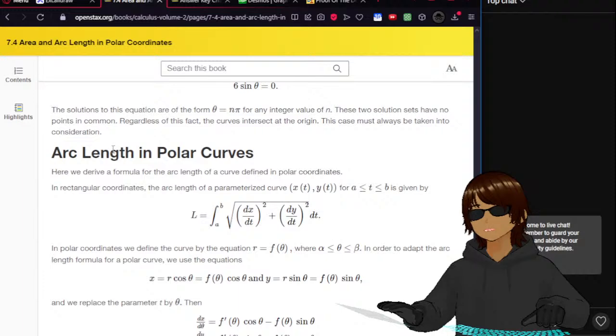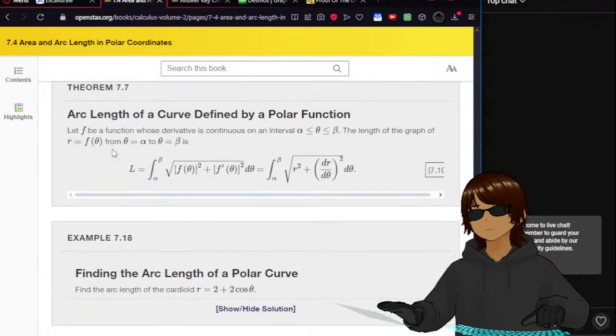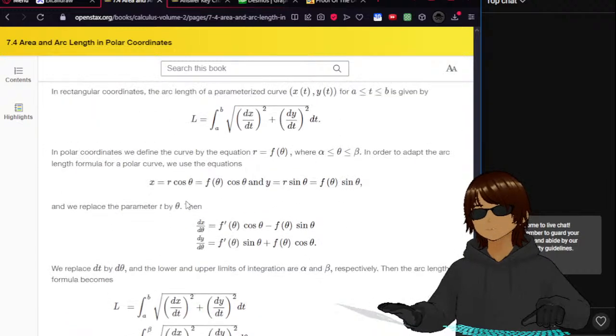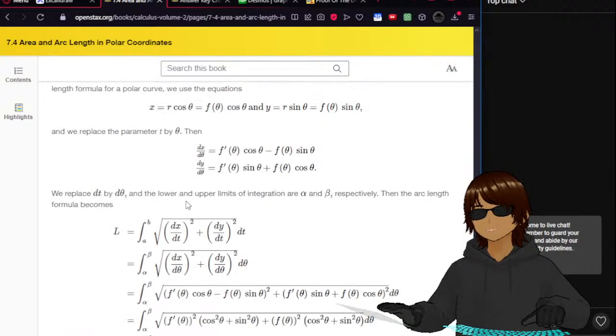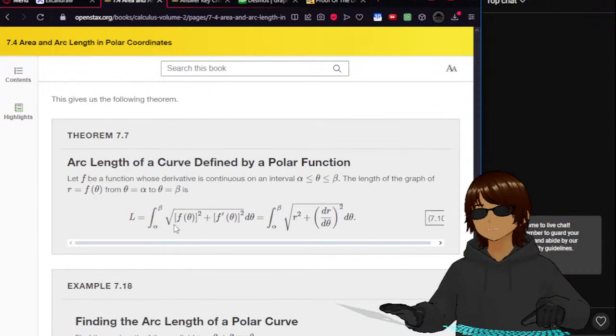Arc length in polar curves. Okay, I think the proof I will study off stream. What they get is, okay, wait, what? The square root of r squared plus the derivative of r with respect to theta squared.